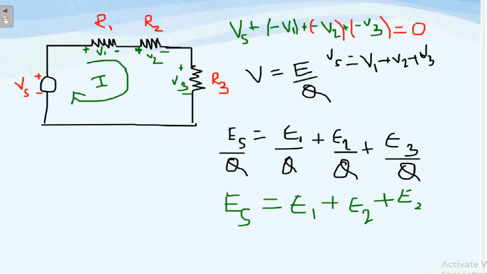So the energy supplied by the source voltage is equal to the energy consumed by the passive elements.